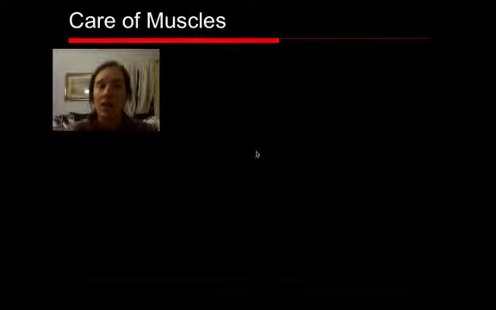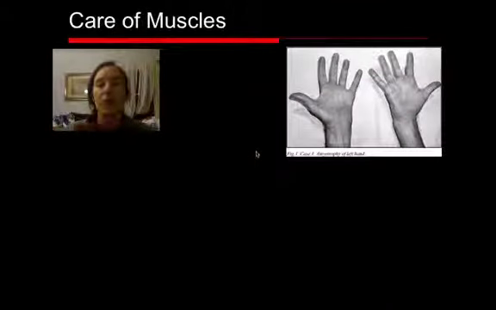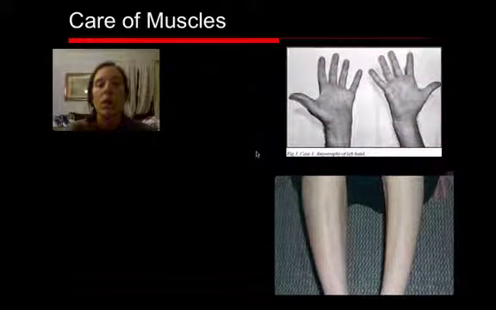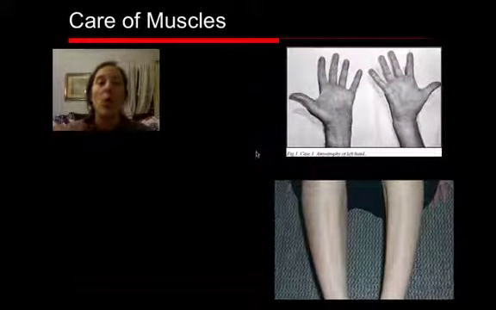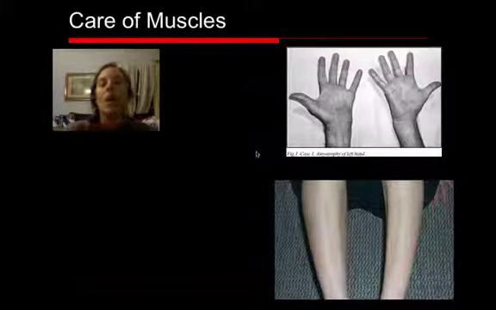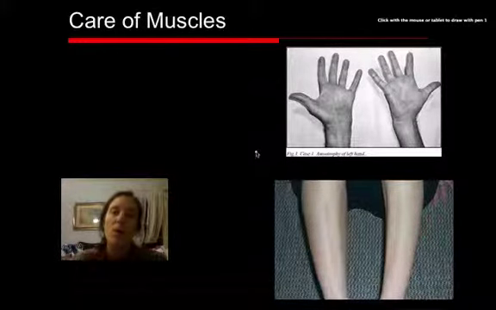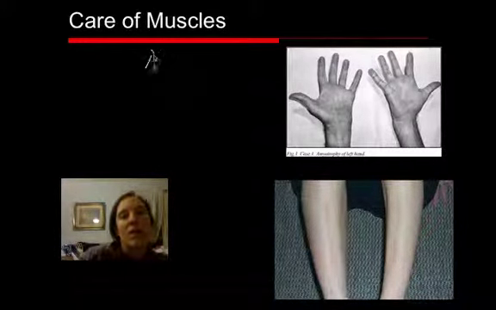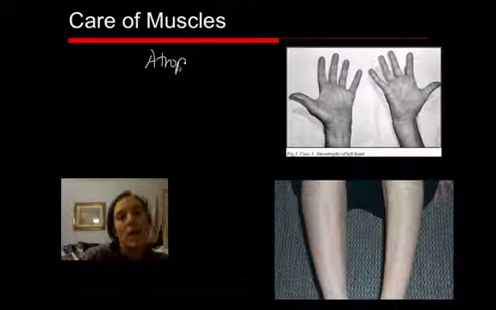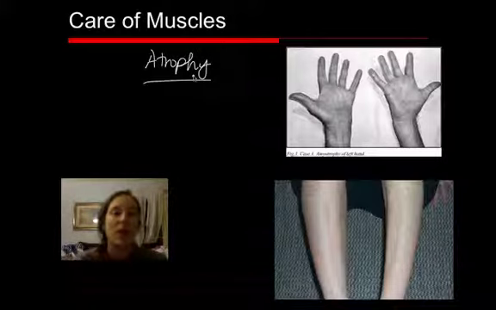And then the opposite of hypertrophy is atrophy. Atrophy is where muscles are not used and they go away. The fibers shrink in diameter and you actually lose muscle mass. And this is a great example of atrophy. A lot of times this happens when somebody has been in a cast and they have not been using their muscle because it's been immobilized.